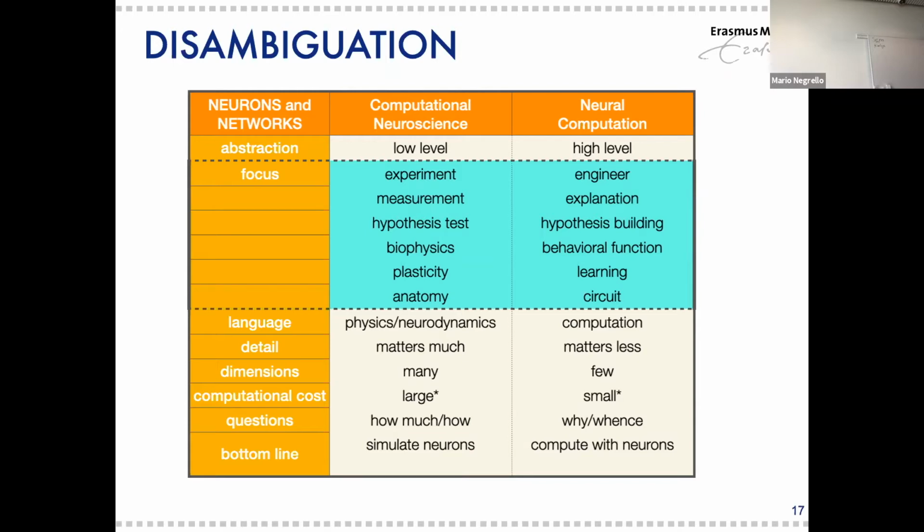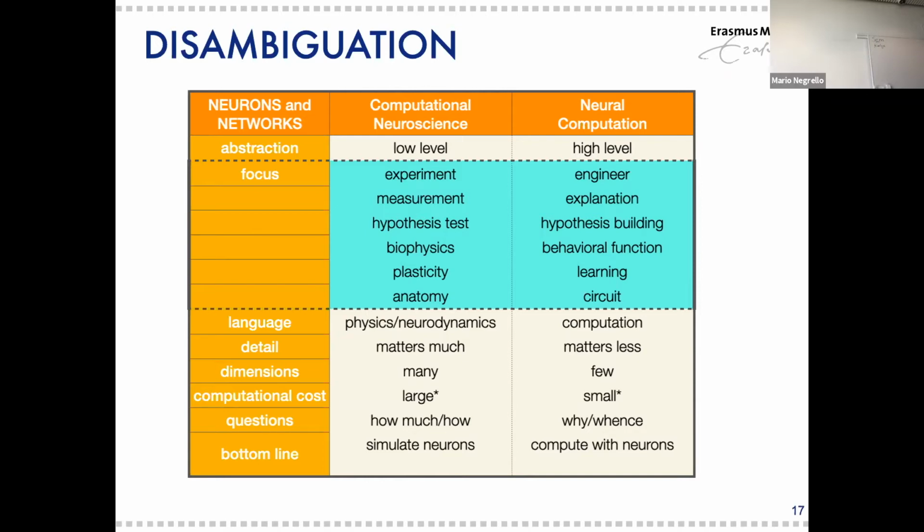Focus here is on reproducing experiments, on measuring stuff from biology, neurobiology, testing hypotheses that are physical in nature often. When does the neuron produce a spike? We're looking into biophysics, that is capacitance, conductance. We're looking at the physical counterparts of neuronal activity.